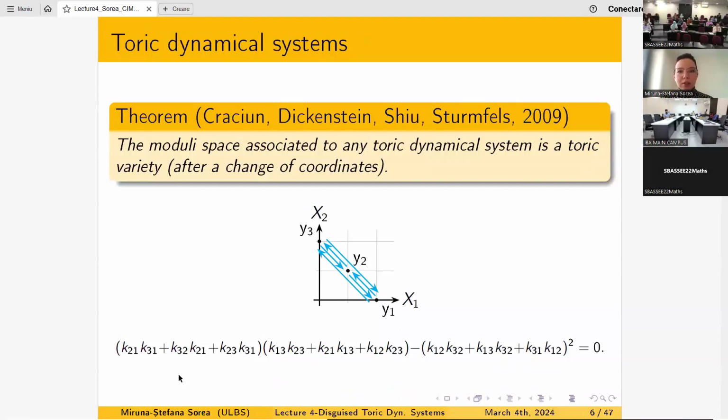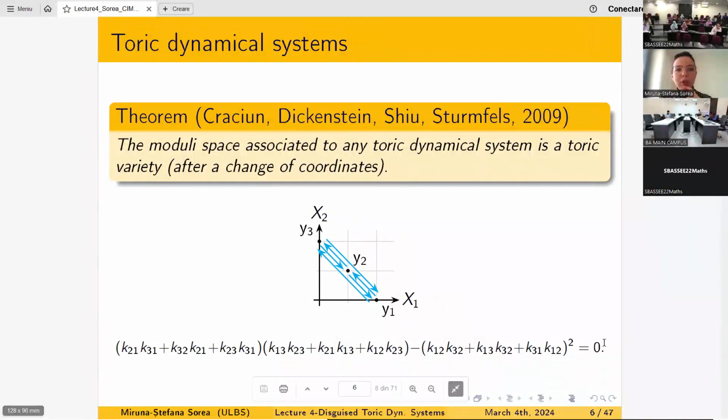To start by recapping a bit what we saw last week. So the moduli space, it was called in this way in the paper by Crăciun, Dickenstein, Schwer, Sturmfels. They showed that the moduli space associated to any toric dynamical system is a toric variety after a change of coordinates. And we remember from last time this example with the complete directed graph on 3 vertices, and the hypersurface where these parameters lie, the parameters that give rise to toric dynamical systems.